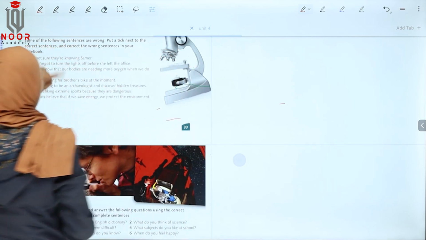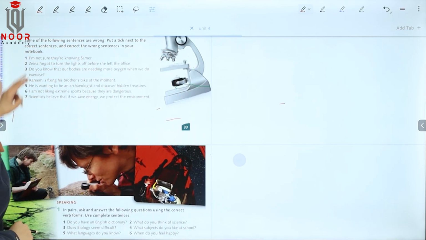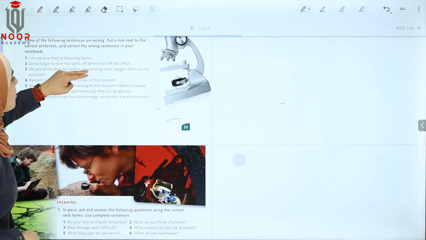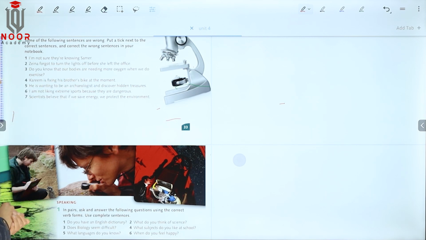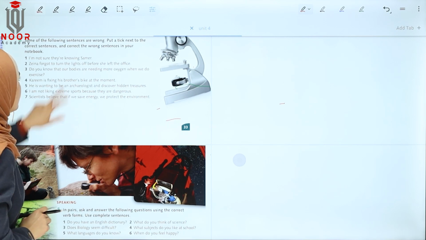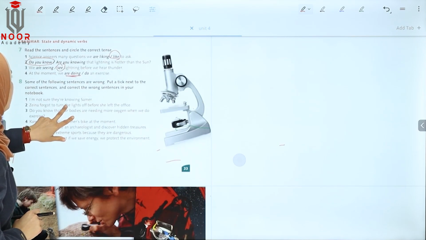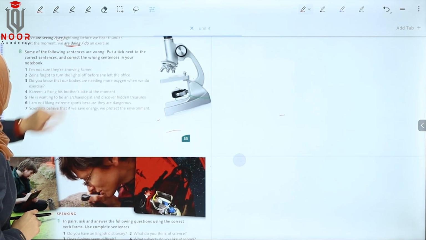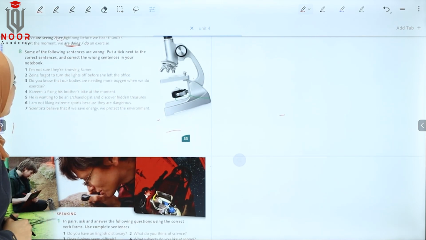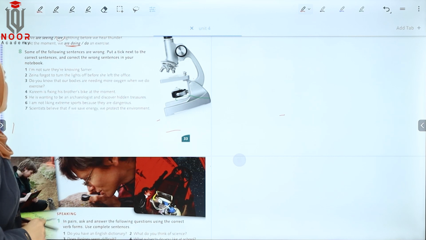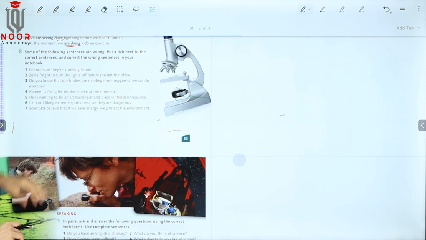So I'm not sure they are knowing Samir. Zaina forgot to turn the lights before she left the office. Do you know that our bodies are needing more oxygen when we do exercise?